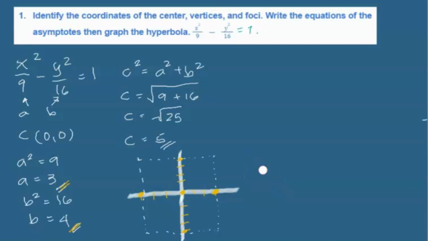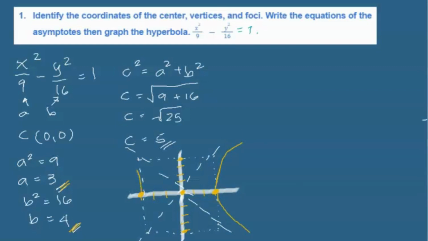So our asymptotes are the diagonals of this rectangle. So that's our asymptotes. Now we can sketch the graph of our hyperbola. It's something like this.